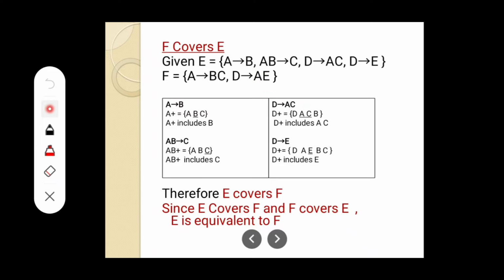We are going to derive this closure from the functional dependency set of F.